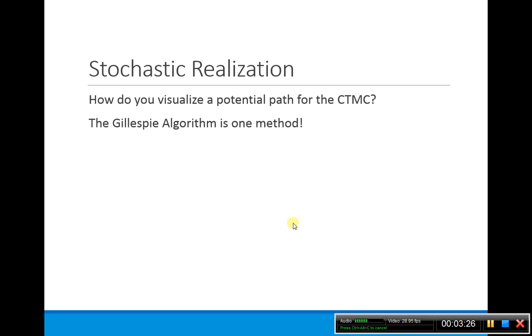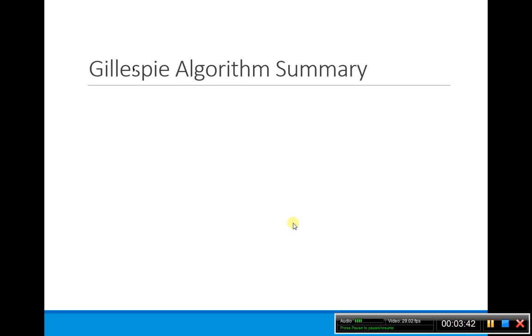That's why it's called leaping, because you're basically leaping over a bunch of transitions. You can imagine why this would be faster than going one transition at a time. But for our purposes, we're going to consider only the Gillespie algorithm in this course.